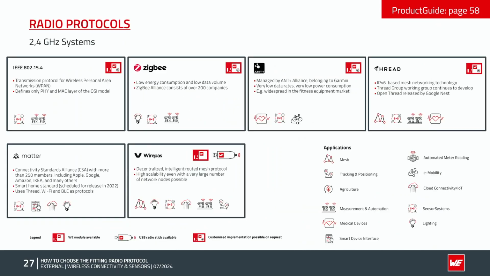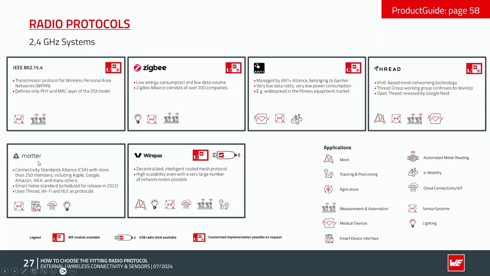To have a look at more 2.4 gigahertz systems, you have a lot of them based on the IEEE 802.15.4 standard. And there, for example, is Zigbee, is ANT+, you have Thread and Matter based on Thread.